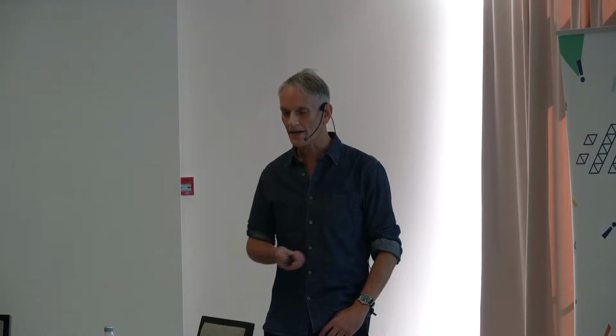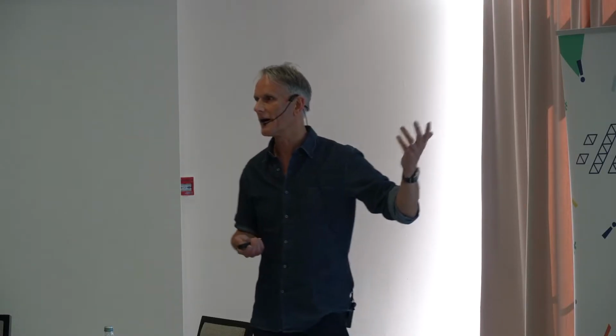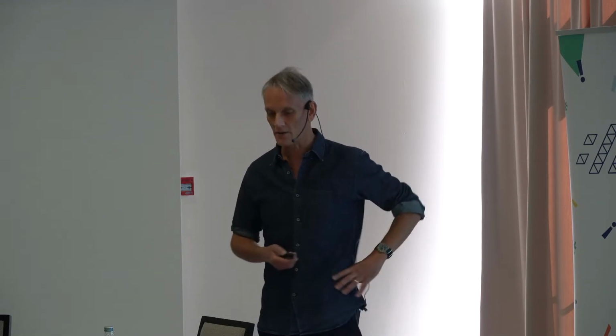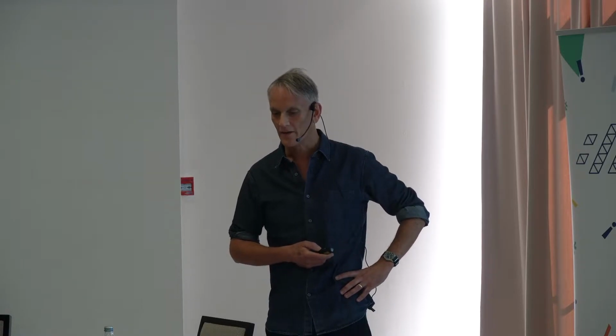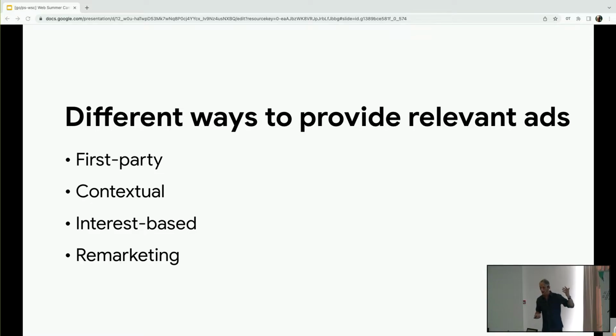For example, you have first-party data, where a user may have told a site that they're interested in certain topics, so you could show them ads that relate to that topic. You have contextual relevance, which is stuff like putting an ad next to articles about trail running.